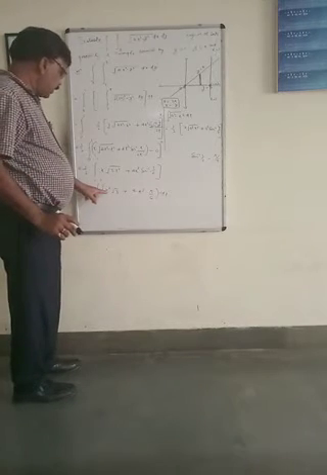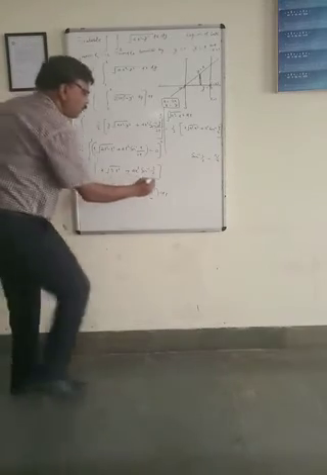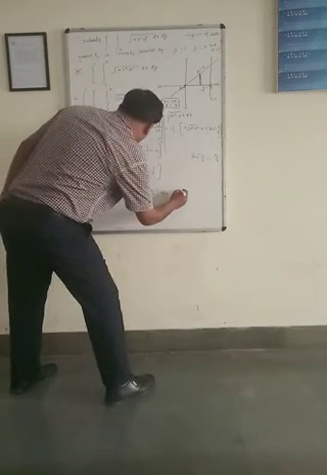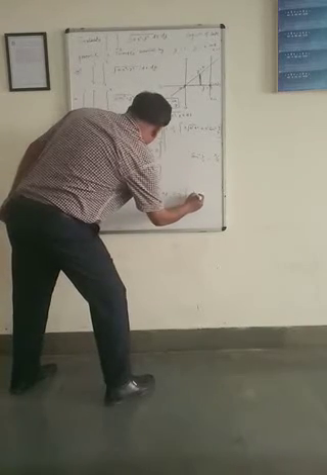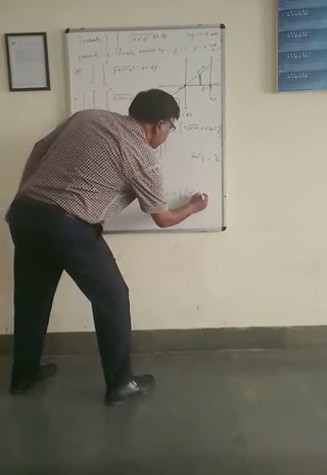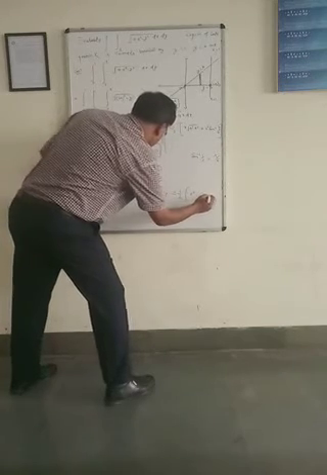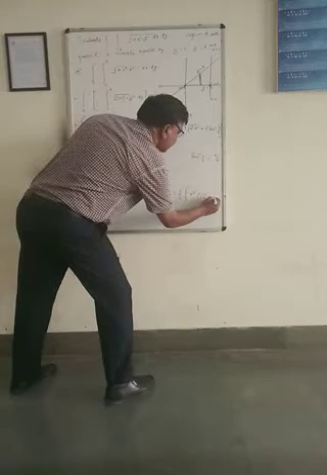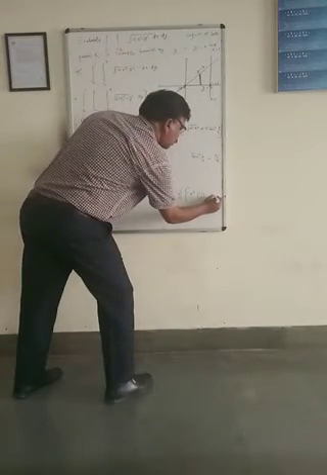Again we can take x square common, so taking x square common, it will be x square in the bracket root 3 plus 4 by 6, or 4 by 6 is nothing but 2 by 3, and pi also.